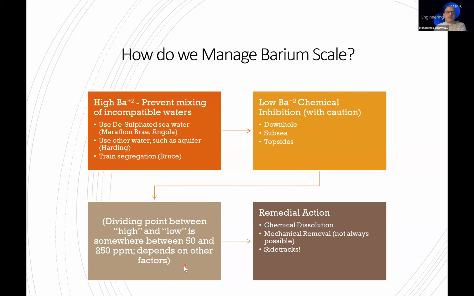We have to consider it beforehand and do any remedial action. So what is the remedial action? It may be chemical dissolution, mechanical removal, or sidetracks. This remedial action comes after what we have already done to remove this scale.